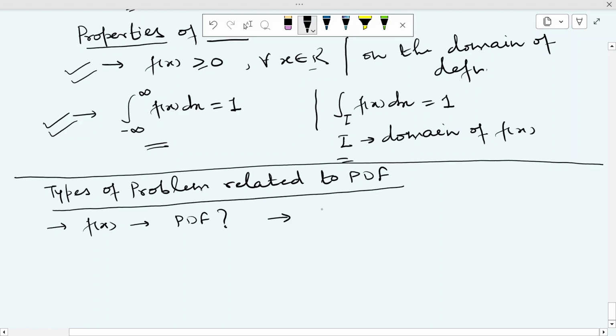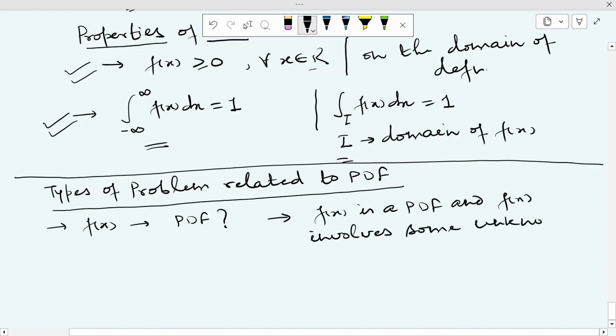Now the second type of problem is where it is given that f(x) is a PDF, and f(x) involves some unknown, and we have to find the unknown.